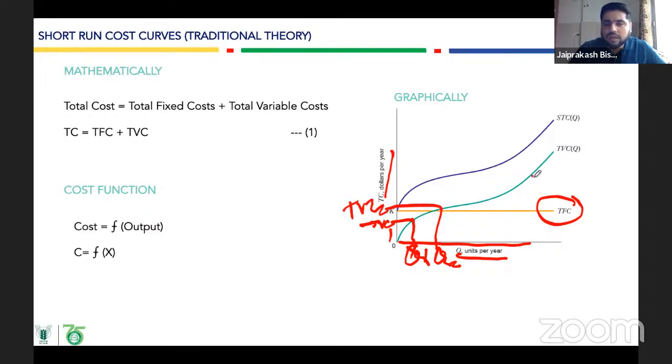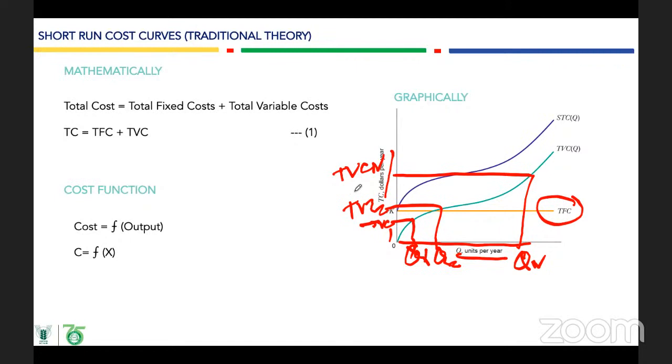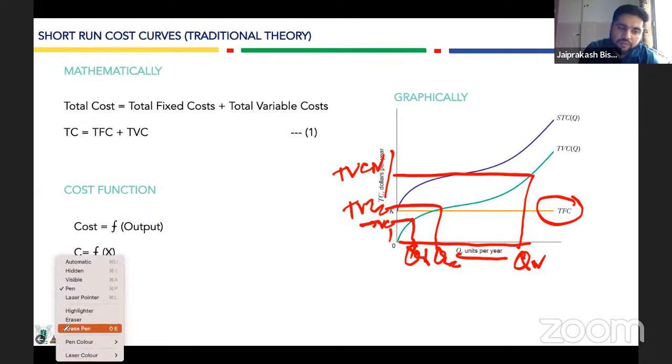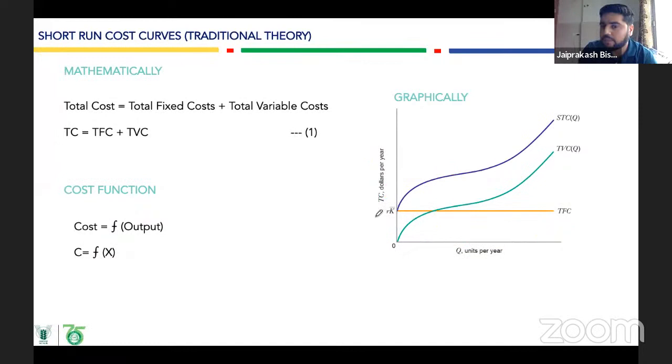At this level of production qn, you have tvcn. So at different levels of production, you have different variable costs. So variable cost varies with the level of production. That's why it is called variable cost, whereas the fixed cost doesn't vary with the level of production.